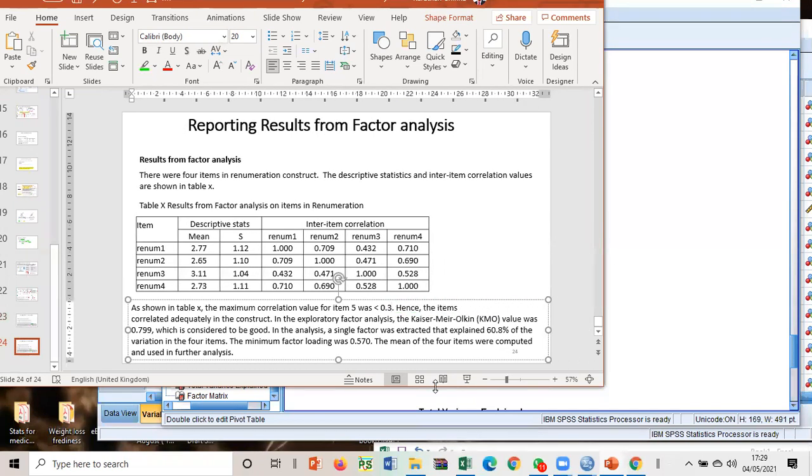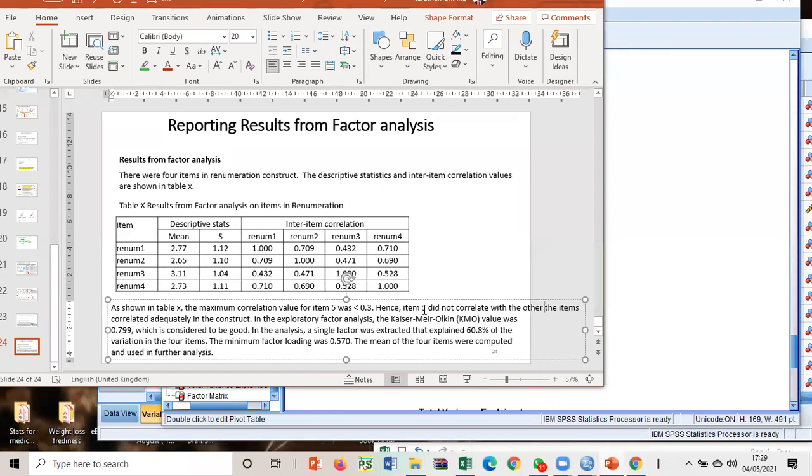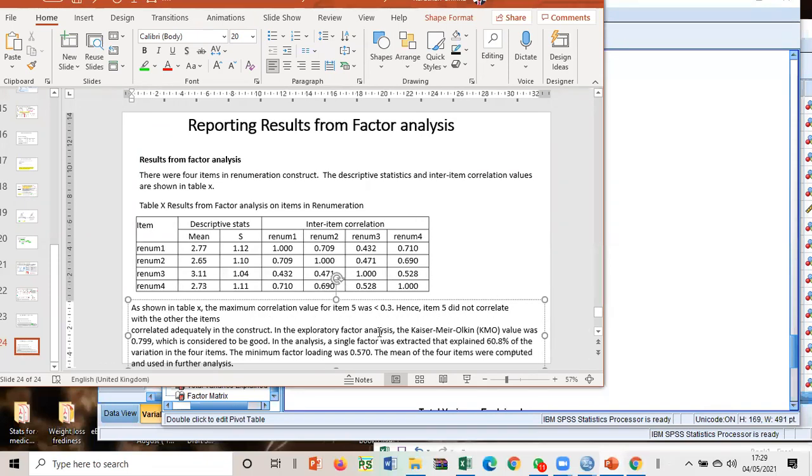Hence, item 5 did not correlate with the other items in the construct.